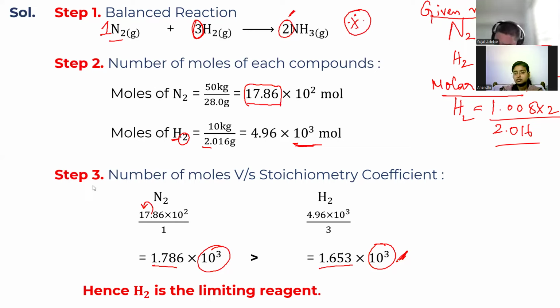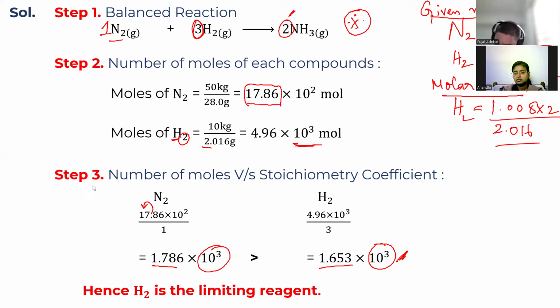From the same formula only. We know number of moles is equal to the given mass divided by molar mass. Now to find the mass of NH3, just take this to the other side: number of moles into molar mass of NH3. So the mass of NH3 obtained is equal to number of moles of NH3 into molar mass of NH3.